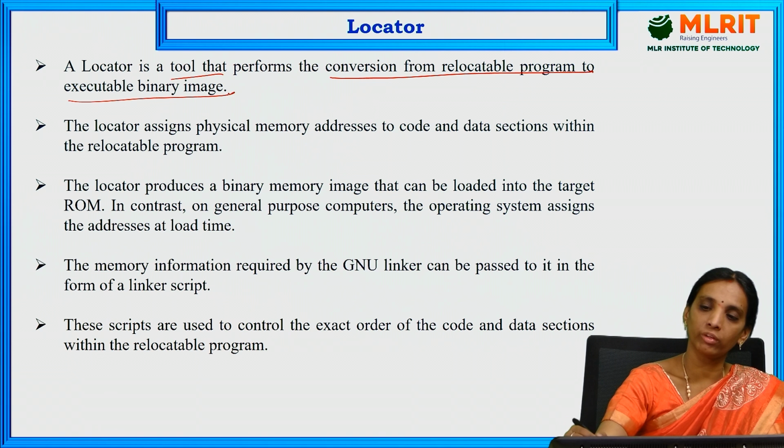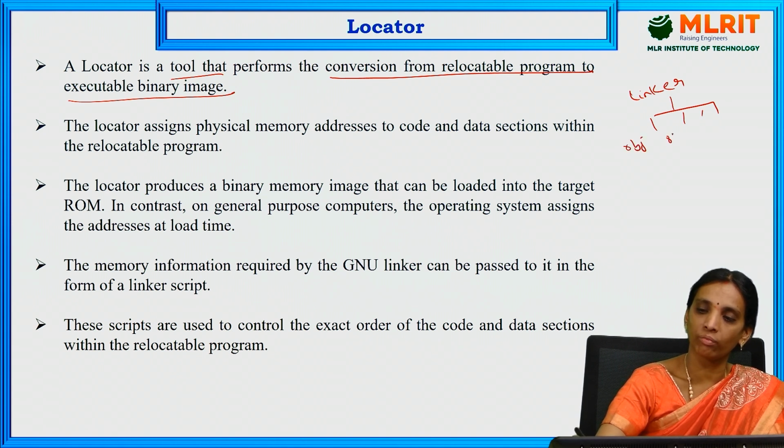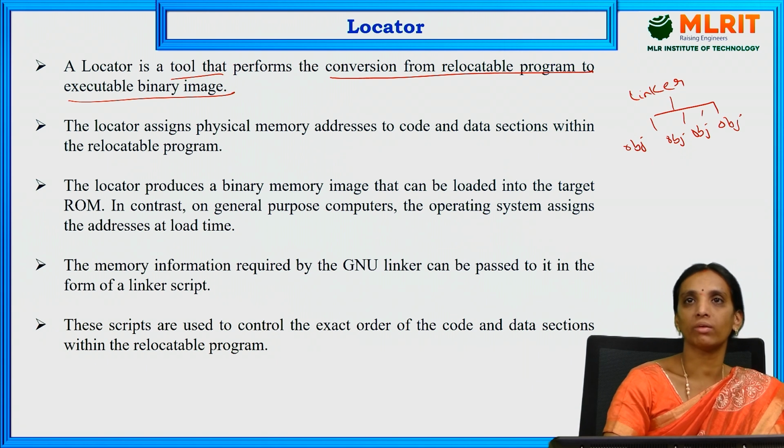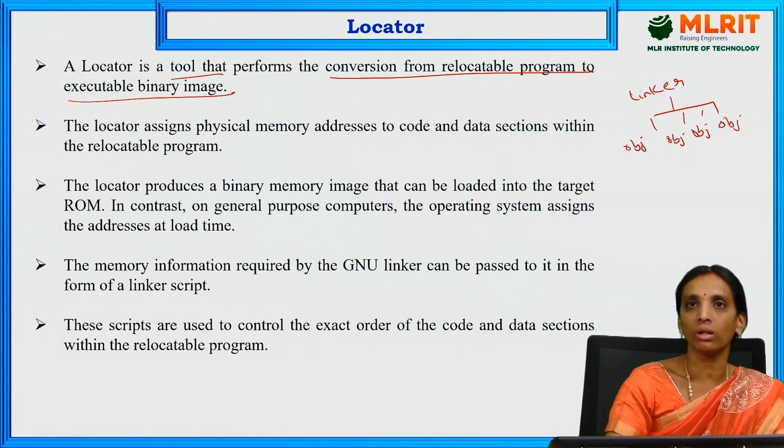In the previous session we discussed the linker. The linker is used for linking all the object files of the programs used in our application, all the programs linked up to the main program.